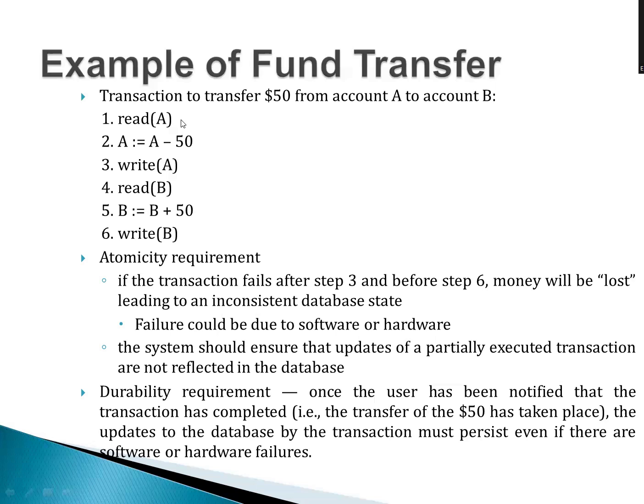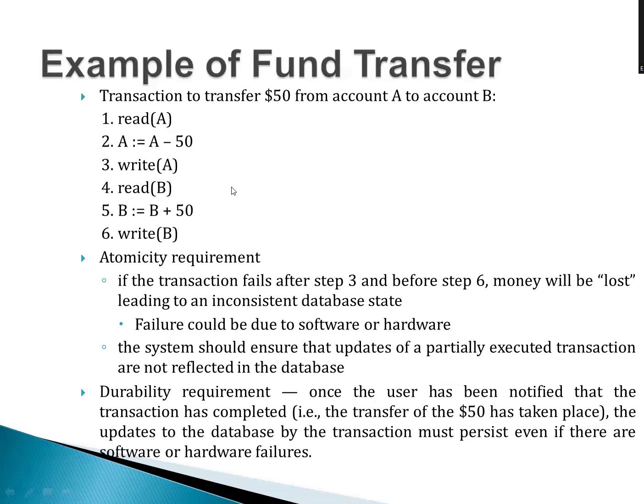Consistency requirements can include explicitly defined integrity constraints like primary and foreign keys, as well as implicit constraints. It is important to note that during transaction execution, the database may be temporarily inconsistent, but it must return to a consistent state upon successful completion. Erroneous transaction logic can lead to inconsistency.